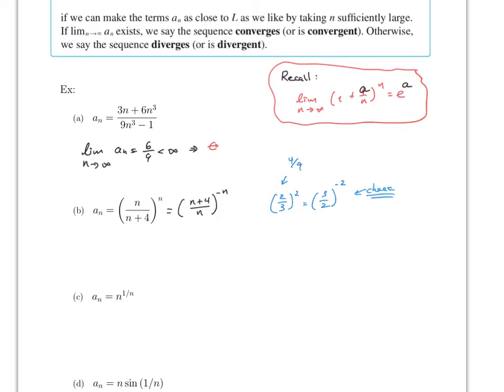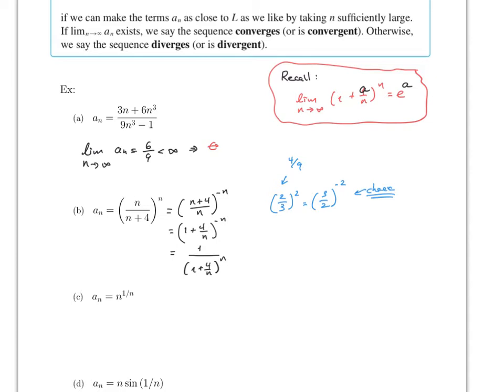Because we're going to use this trick multiple times. Right, well, notice that then you can rewrite this as (1 + 4/n)^(-n), which is the same thing as 1 over (1 + 4/n)^n.